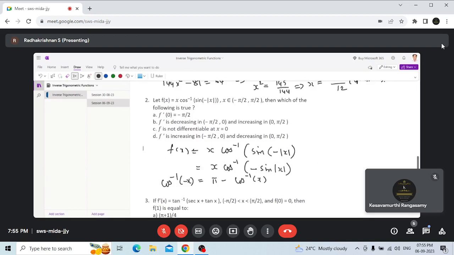See, the reason is your minus x will go into the fourth quarter. You take any x in the first quarter, you take minus x, it will go to the fourth quarter. But when you do an inverse of that, cos inverse will always be in the range 0 to pi. So inverse will go into the second quarter. That is why it will become pi minus cos inverse of x.